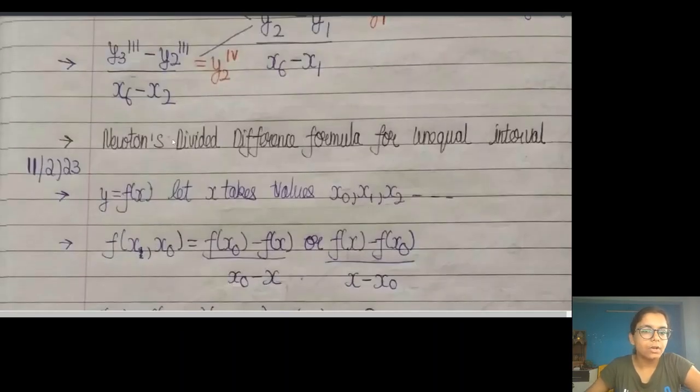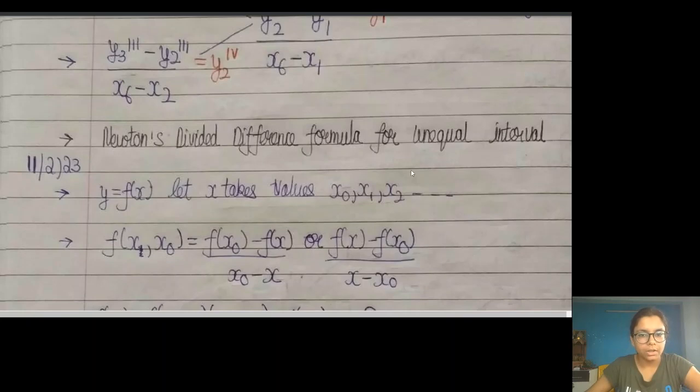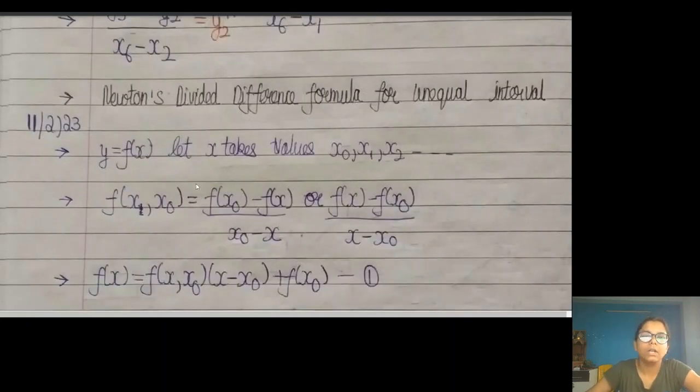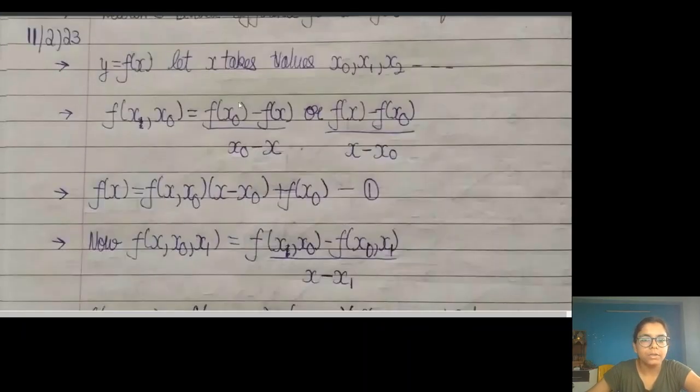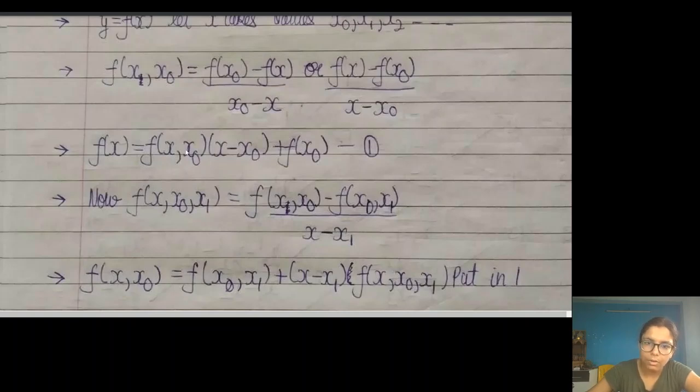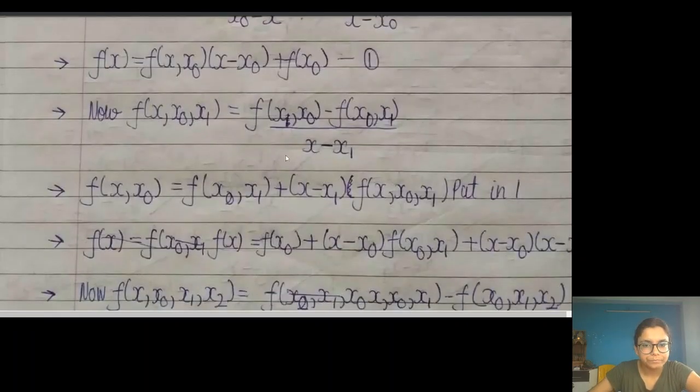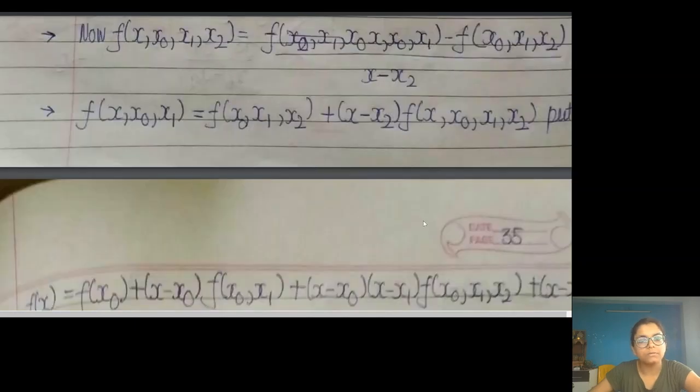And to get the values of Newton divided difference formula for unequal intervals, we have to first set the function and take the x value. We would take the divided difference formula that we have used in the last page, and use the equation that we have used above, and keep the values, I mean the x0, x1, x2 values, in the equation, and find the value of the whole.